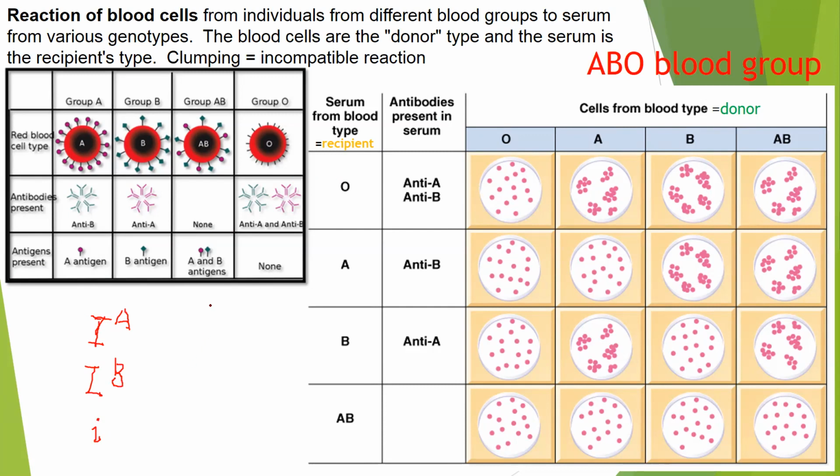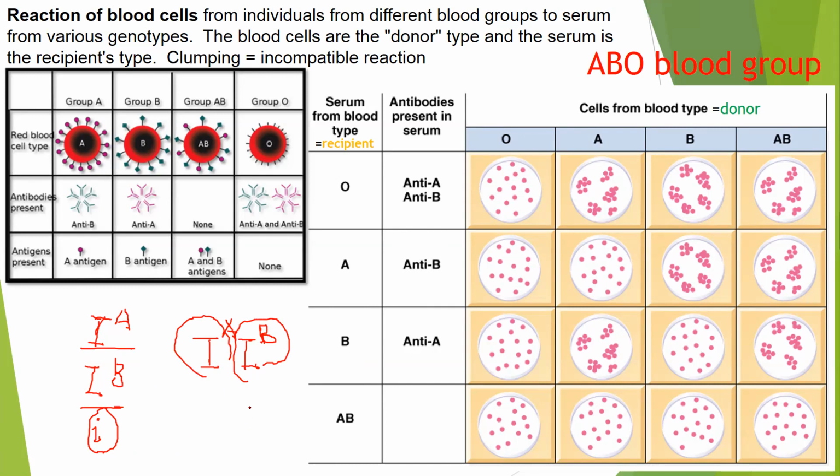Either IA or IB is dominant to little i. However, if an individual has the genotype IA IB, you're going to see both alleles expressed. So the relationship between IA and IB is codominant, because you can see both alleles expressed.